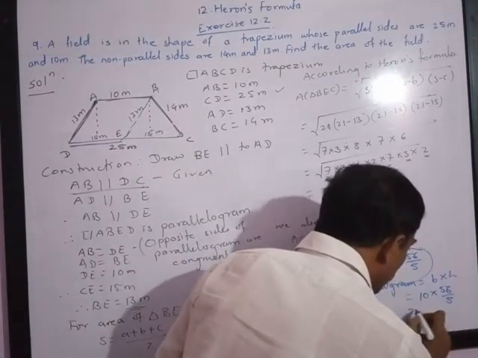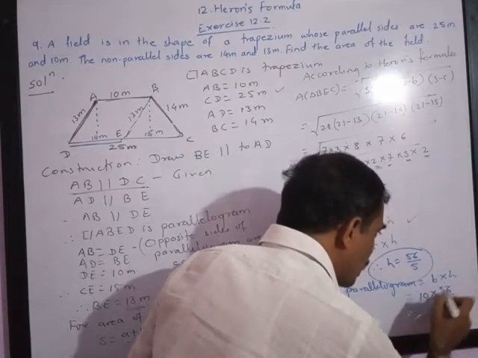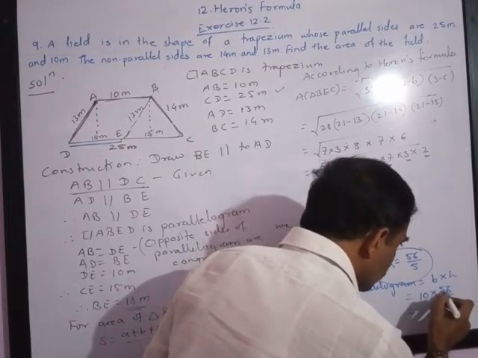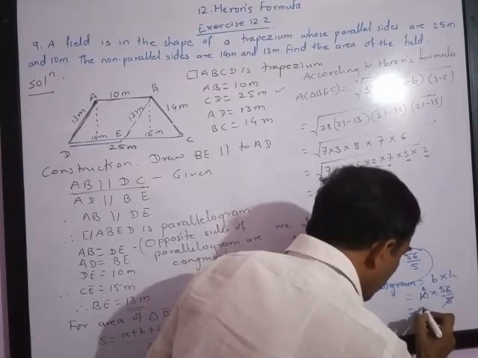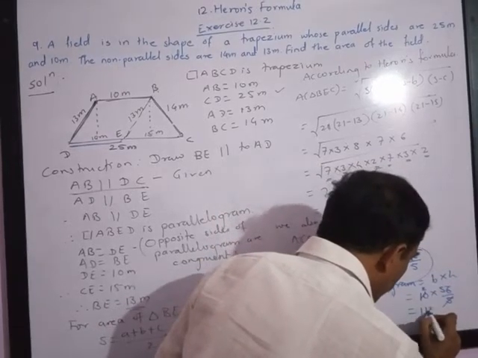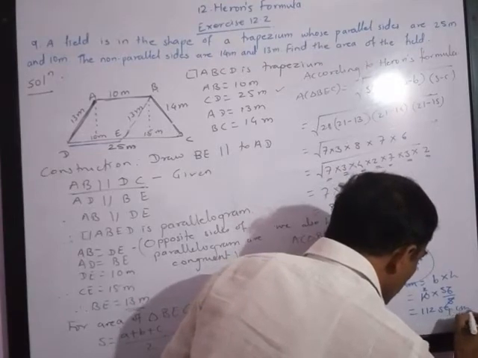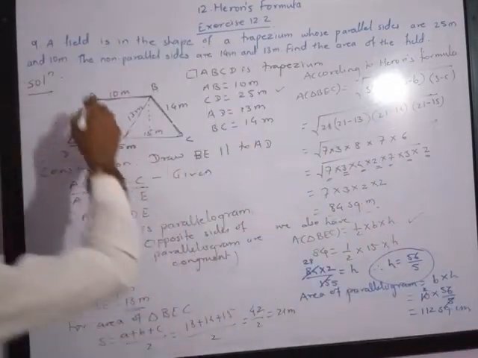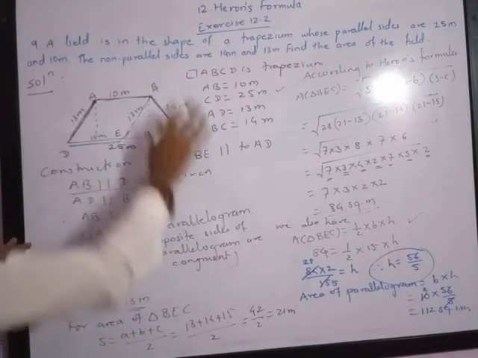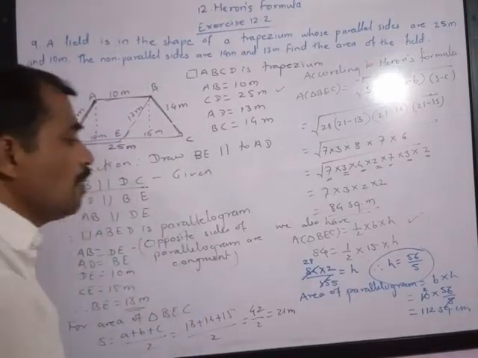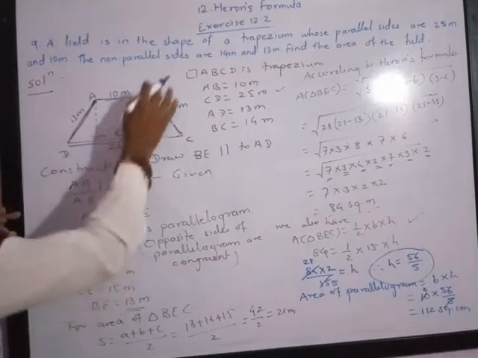5 2s are 10, so 2 multiplied by this, I will get 112 square meters. Now I have found the area of the parallelogram separately and area of the triangle separately. It means area of the trapezium is equal to the sum of the area of parallelogram plus area of triangle.